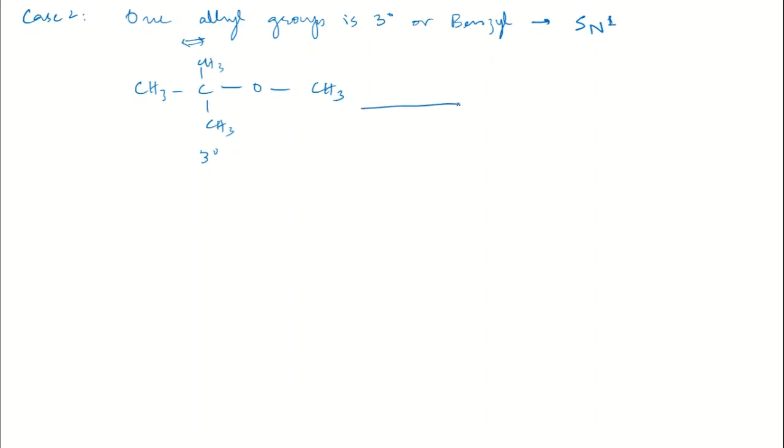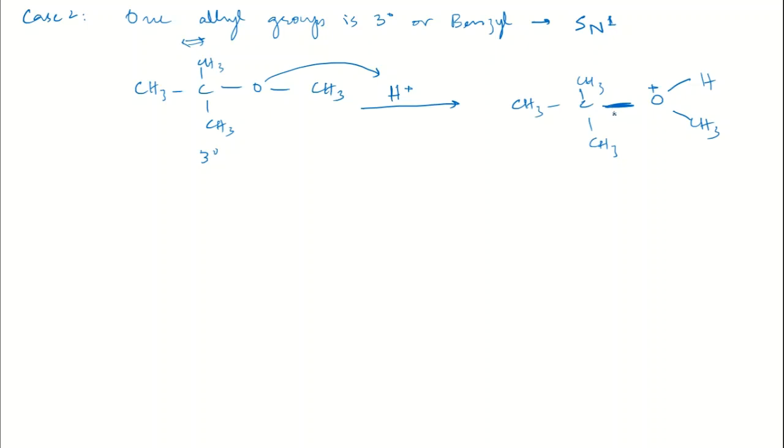As we have seen in the previous reaction, there will be protonation of this ether, and we'll be getting CH3. Then this is the tertiary group, and we have this protonated ether. The positive charge is on the oxygen. In this case again, there is a possibility of formation of a 3 degree carbocation at this carbon.